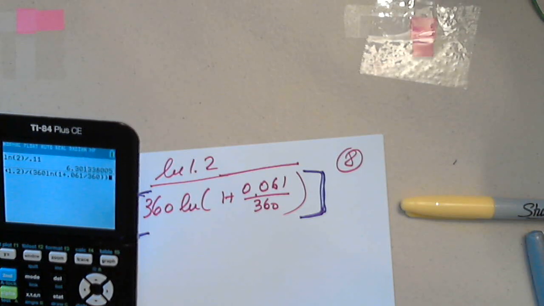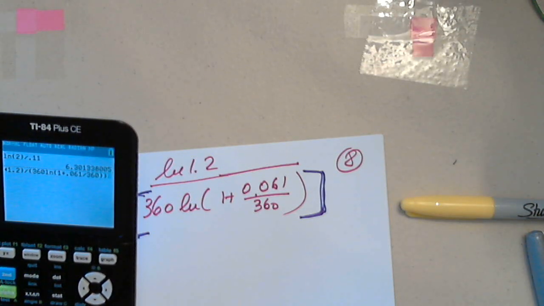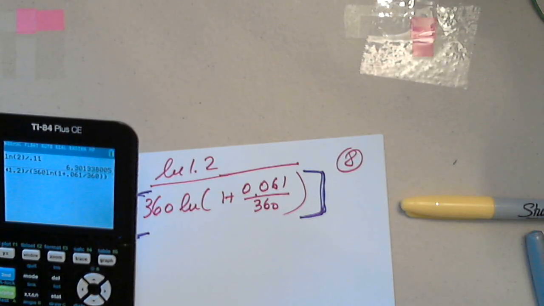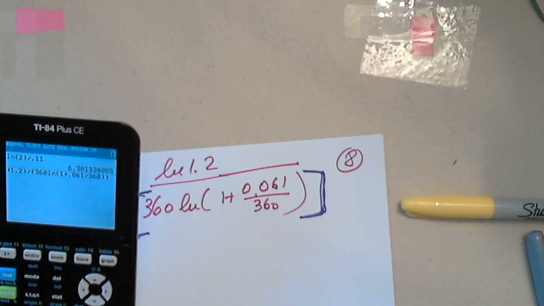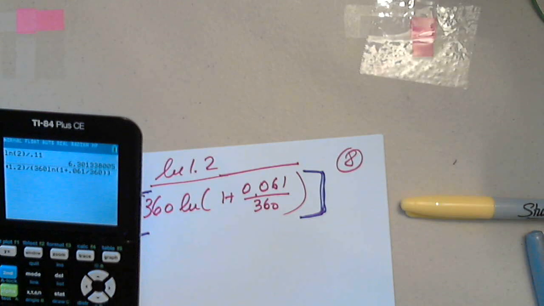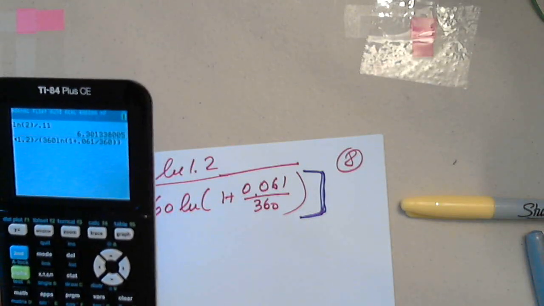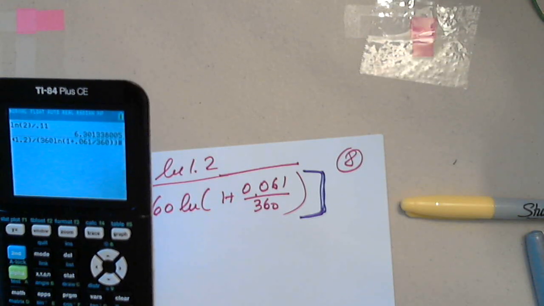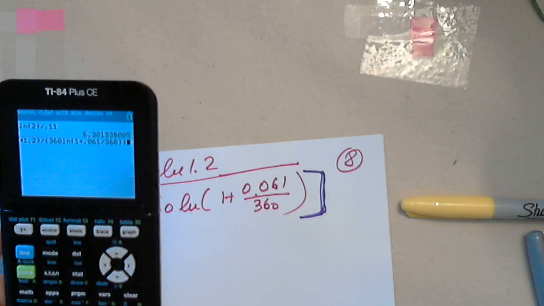Are we okay with this? Is this okay? Yeah, I feel like this is where I mess up most of it, typing it into the calculator and not putting the parentheses where I need to.